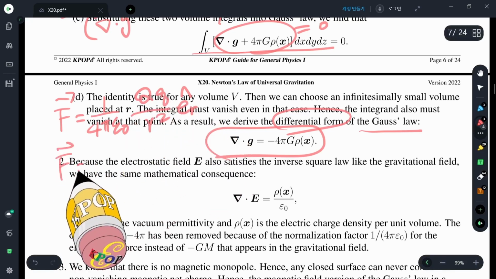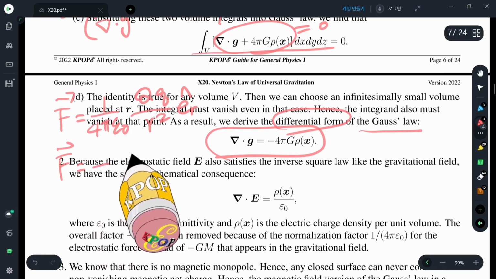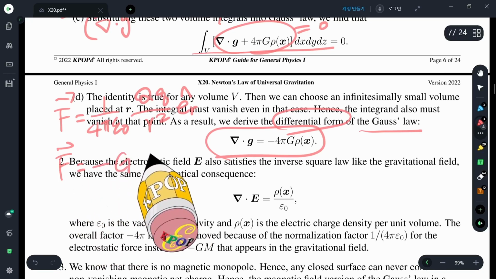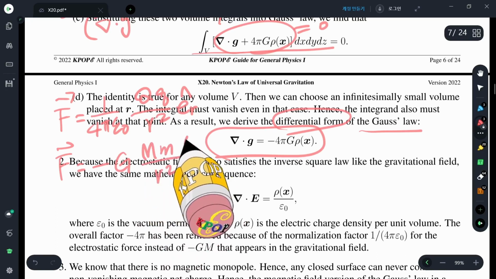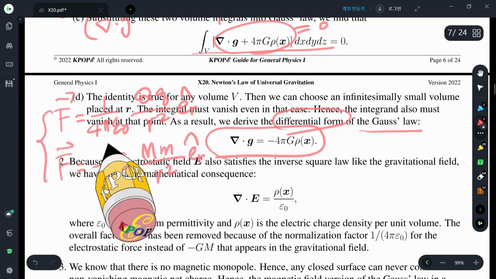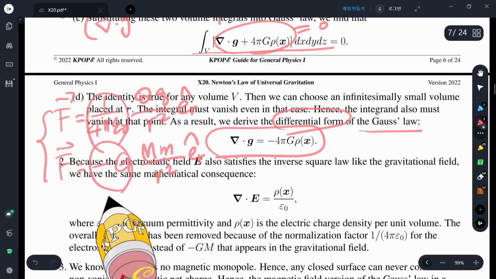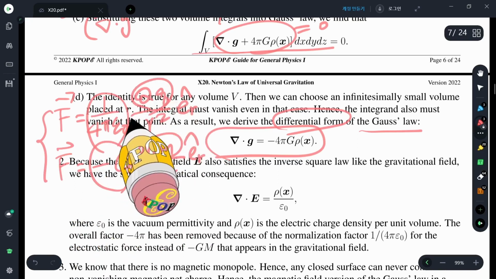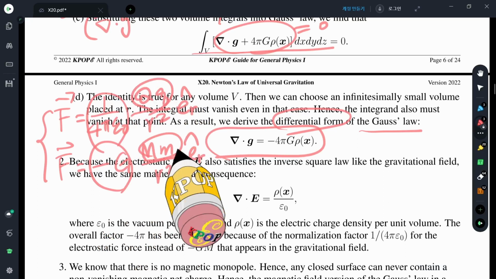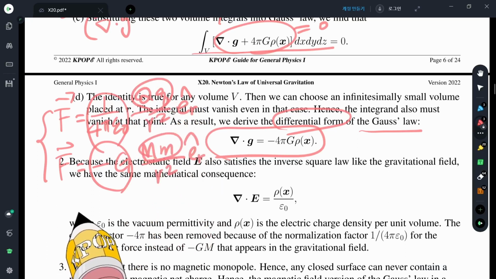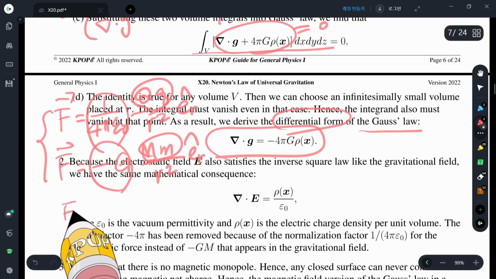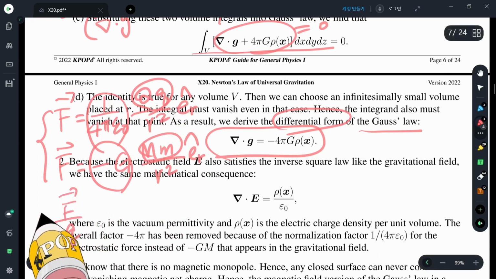Gravitational force is minus G m m over r squared e_r. They are very similar except for the coefficients and strength, that is, this mass and charge. We rescale this one with the test charge, then we obtain the electric field.